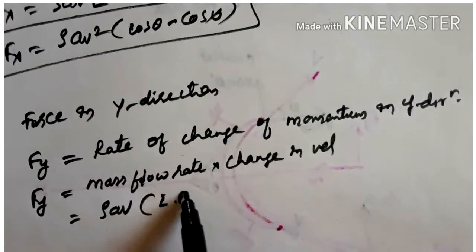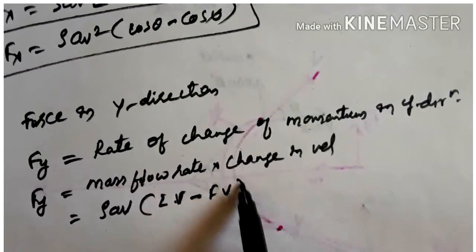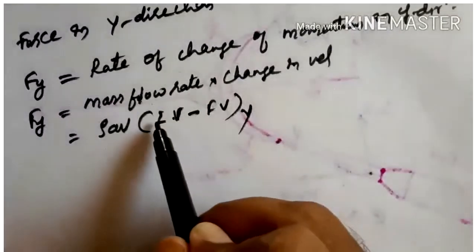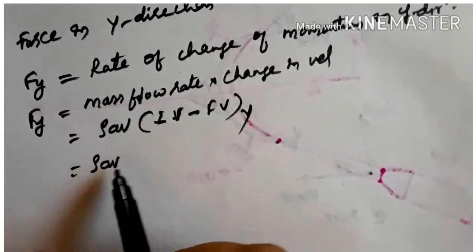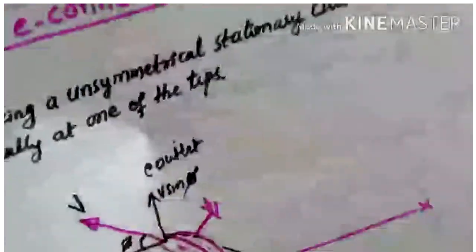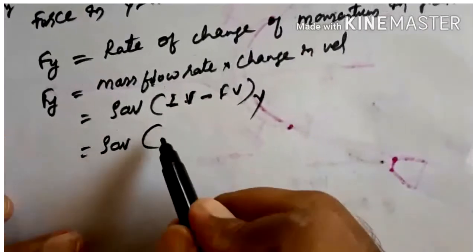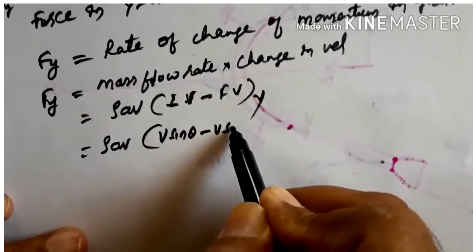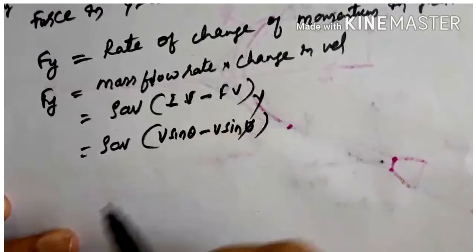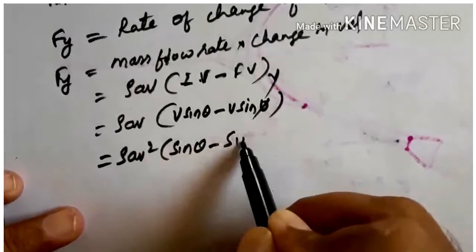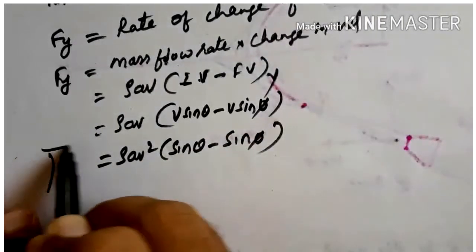Change in velocity means initial velocity minus final velocity in y direction, because we want force in y direction. Again rho a v, then initial velocity in y direction, v sin theta, and final velocity in y direction, v sin pi, that is v sin theta minus v sin pi. Then taking v out, rho a v square into sin theta minus sin pi. This is Fy.